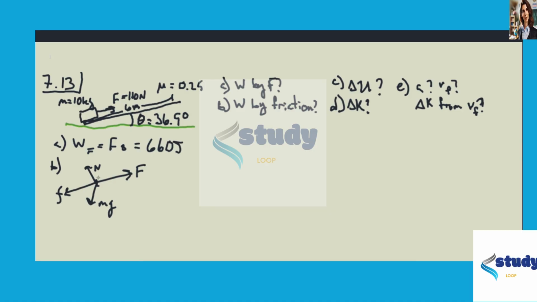So the normal force, and then we know that this angle is 36.9.